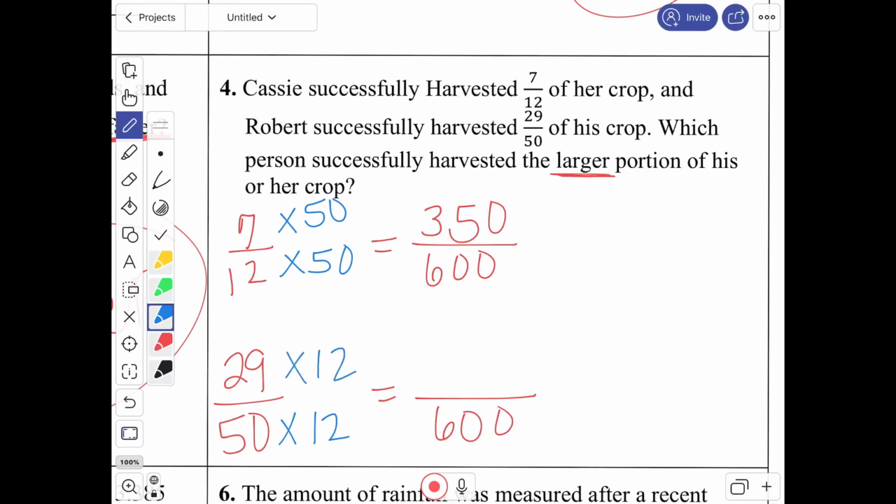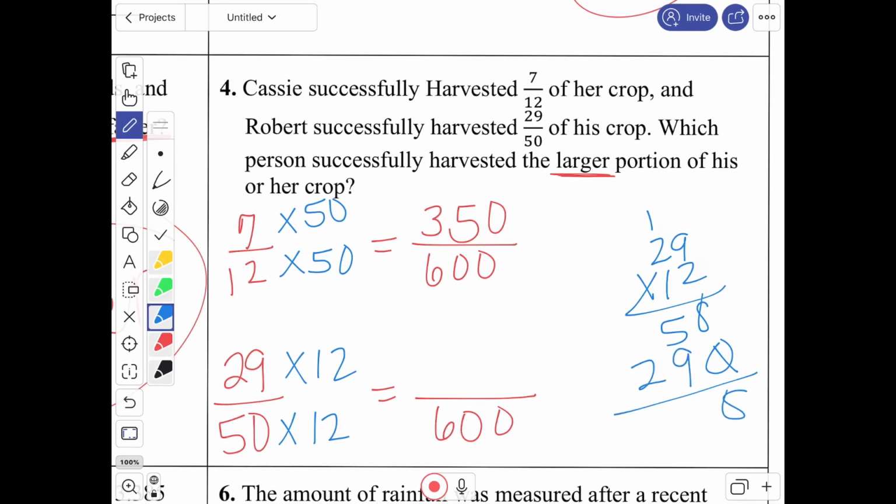And then 29 times 12 is 348. So the larger portion was the 7/12. Which person? So that was Cassie.